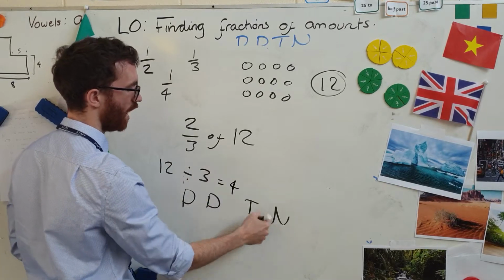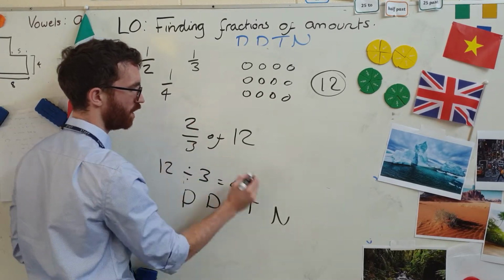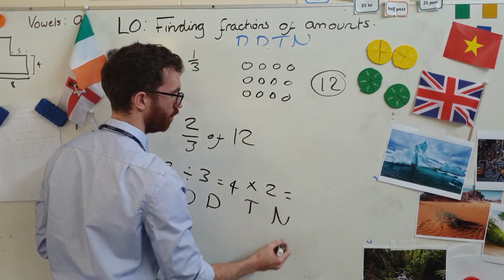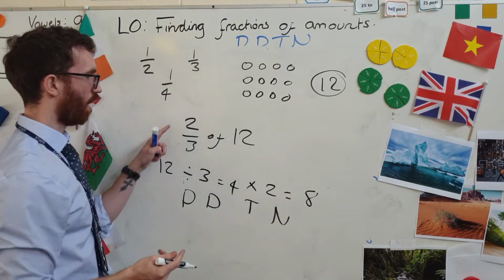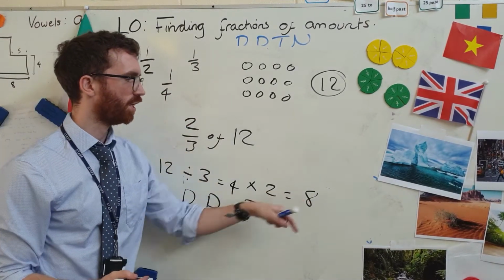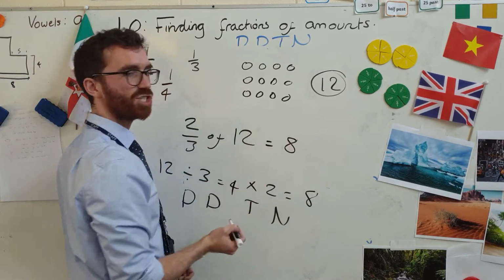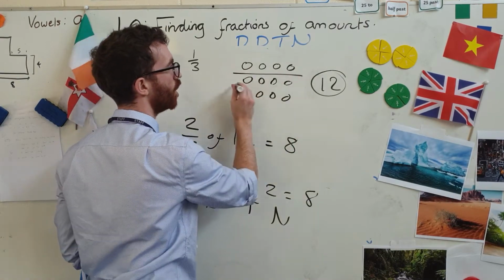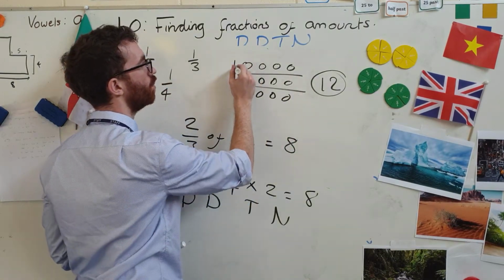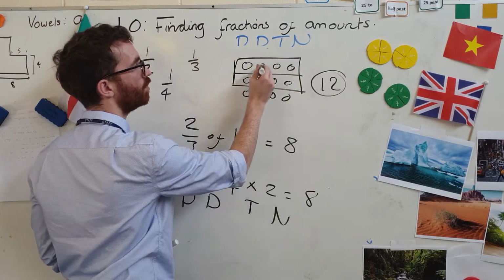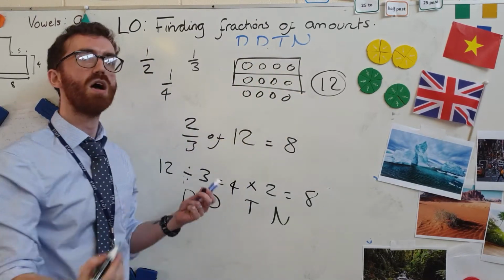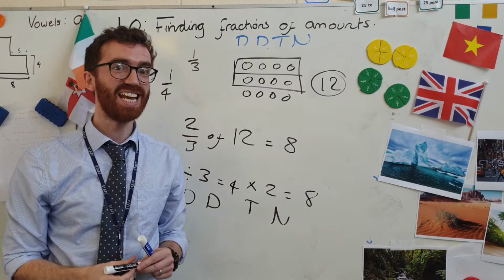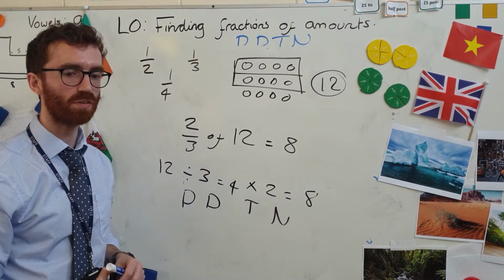And then we're going to TN, times by the numerator, which is 2. 4 times 2 equals 8. So I'm saying that 2/3 of 12 equals 8. Let's check if that's right. Let's split this up into thirds. There is 2/3. 1, 2, 3, 4, 5, 6, 7, 8. Brilliant. DDTN has helped us to find fractions of amounts.